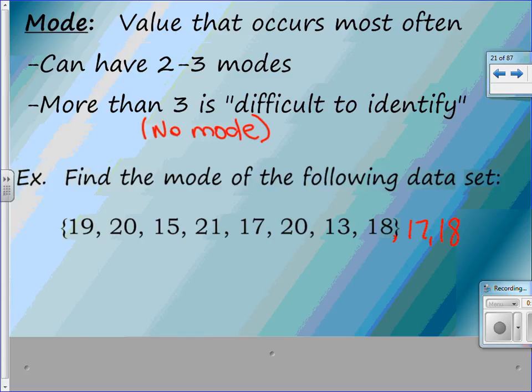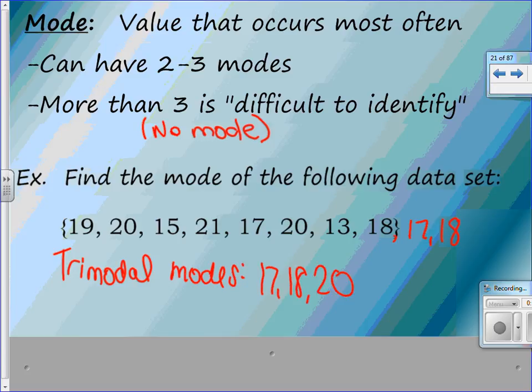If I had another 17 and another 18, that means I would have trimodal data because I have 3 modes, and my modes would be 17, 18, and 20. Those would all be considered modes because those all occur most frequently. They all occur more than all the rest of the data.